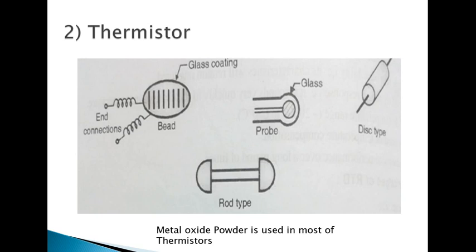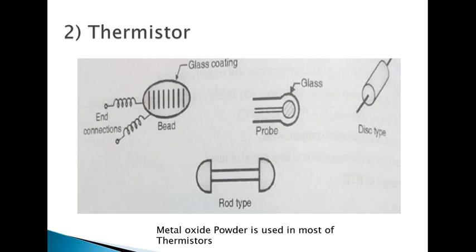But if you take a thermistor, here we are using semiconductor material, and you know the basic property of a semiconductor material: if the temperature is increased, its conductivity will increase. Why is its conductivity increasing? You may have studied that in physics. In semiconductor material, if the temperature is increased, its conductivity will increase, and as conductivity increases, the resistance will decrease, because conductivity and resistivity are exactly opposite terms.